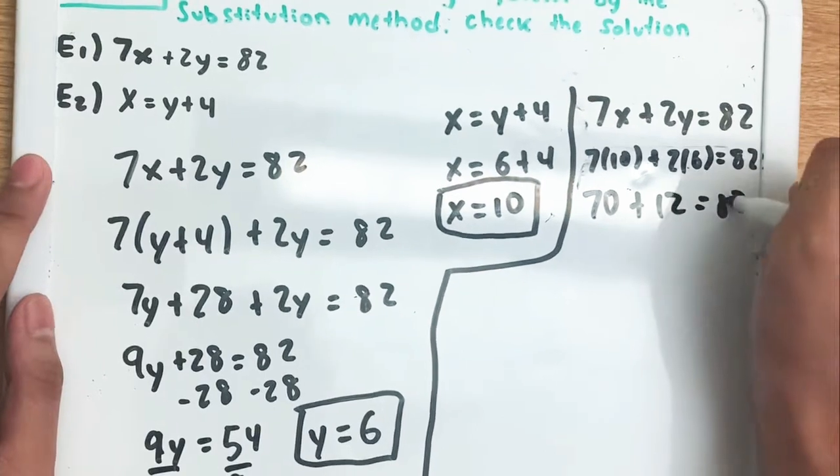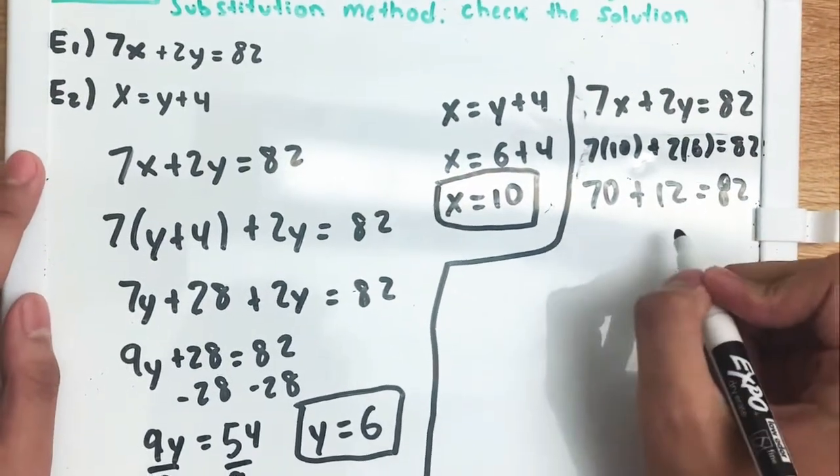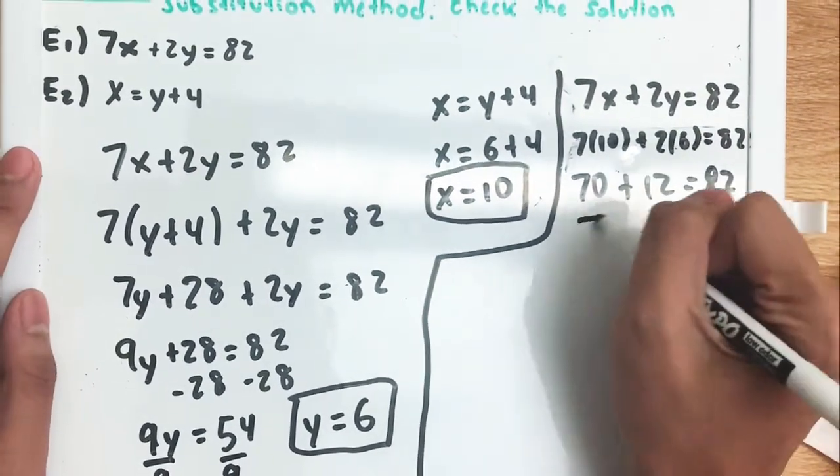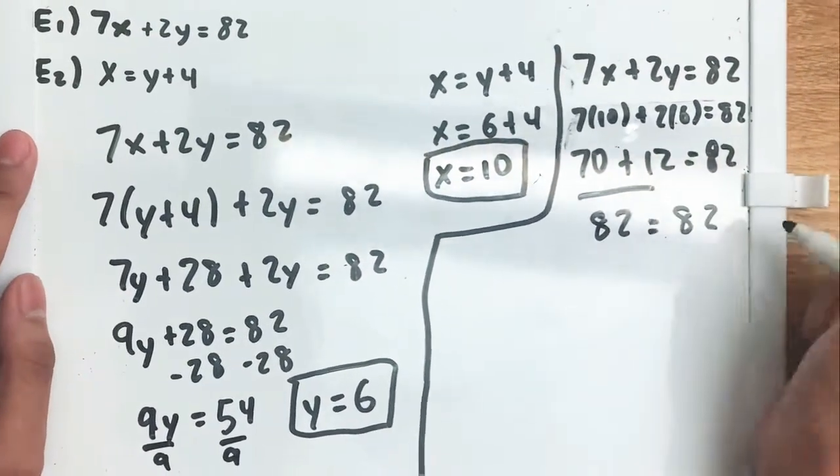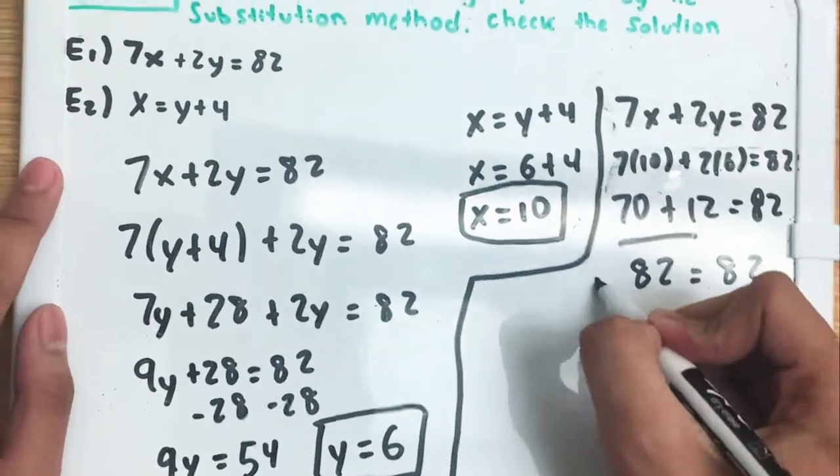And we're going to write down our 82. And 70 plus 12 equals 82 and 82. So this is correct.